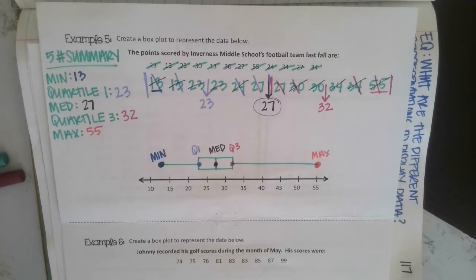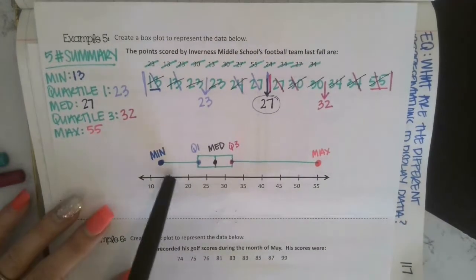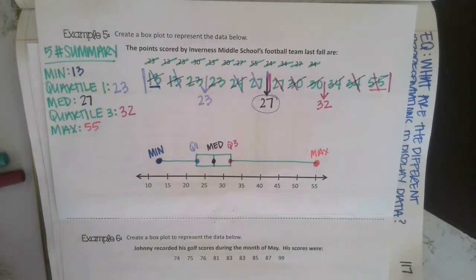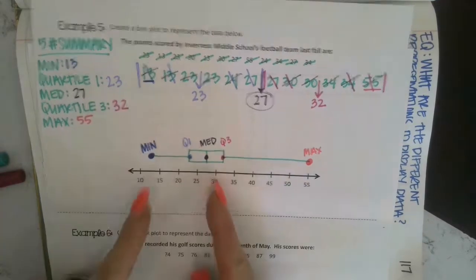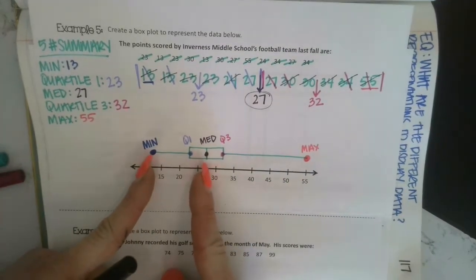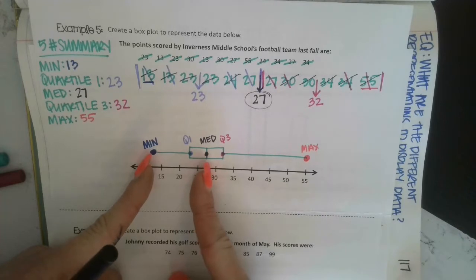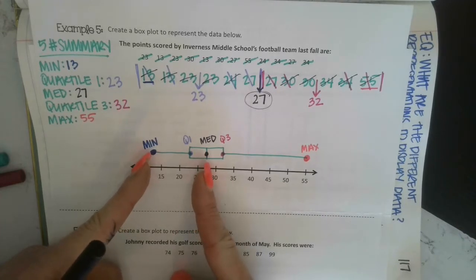Now, here is the most confusing part about a box and whisker plot. What you need to understand is that each section here actually houses the same percent of your data. I would hope that you understand that between your minimum and your median, which is your middle, there is 50% of your data. That's why it's called the middle.